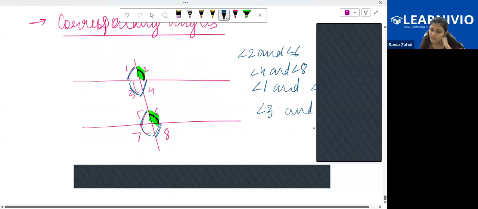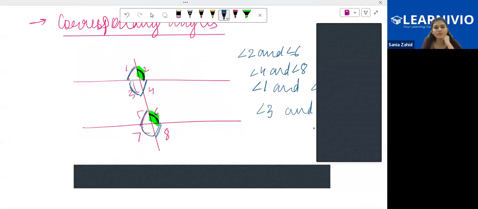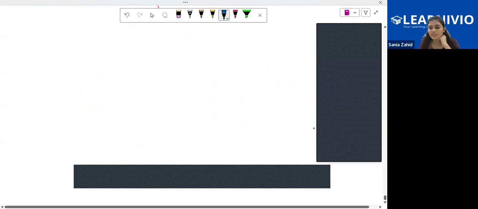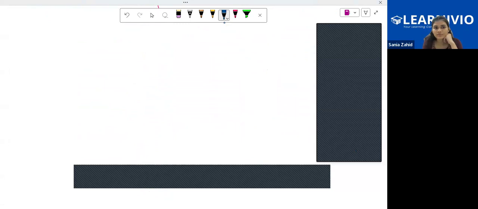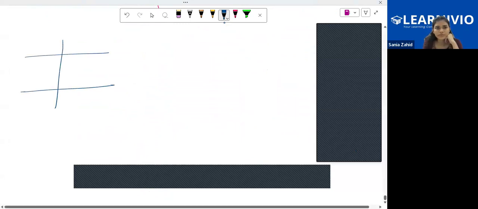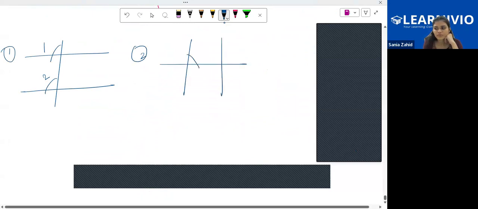So you should know all these angles. Now I'll give you a few figures and I'll mark some angles on them. You have to tell me which pair of angles are these.